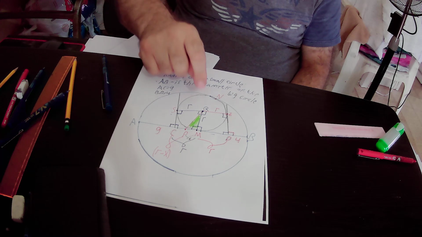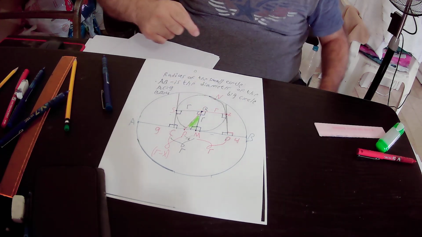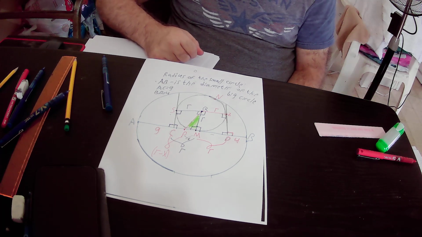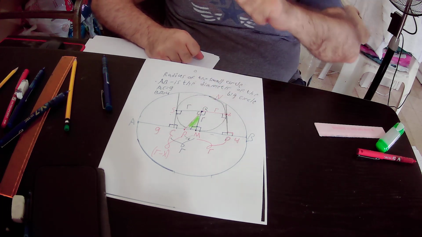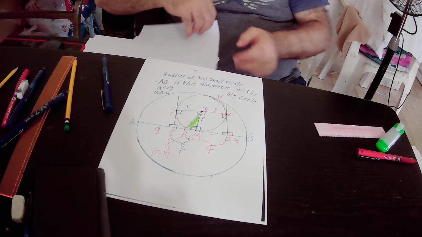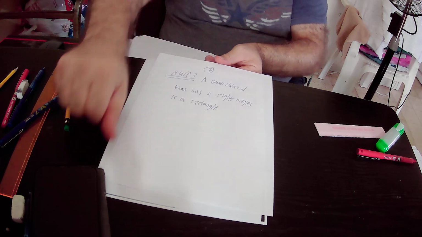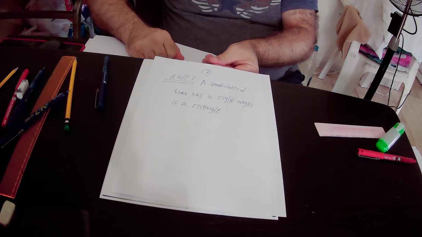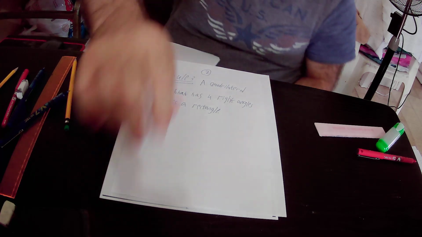So here, this angle is a right angle. So actually, we have here a quadrilateral that has four right angles, and according to rule number 3, a quadrilateral that has four right angles is a rectangle.